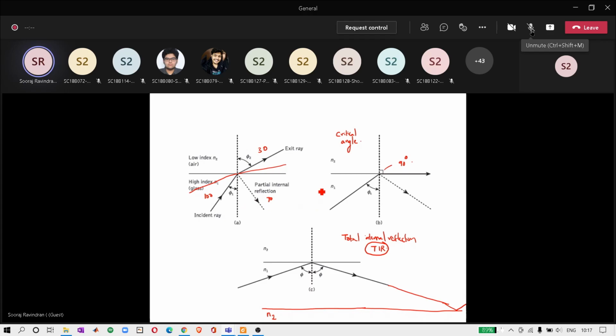If you keep on increasing that angle, almost everything would be getting reflected back, so this intensity would be almost the same as the incident intensity. In reality, it is slightly smaller because there will always be some losses. We will study about that. But the reflected ray intensity would be almost the same as the incident ray itself. Is that clear now?